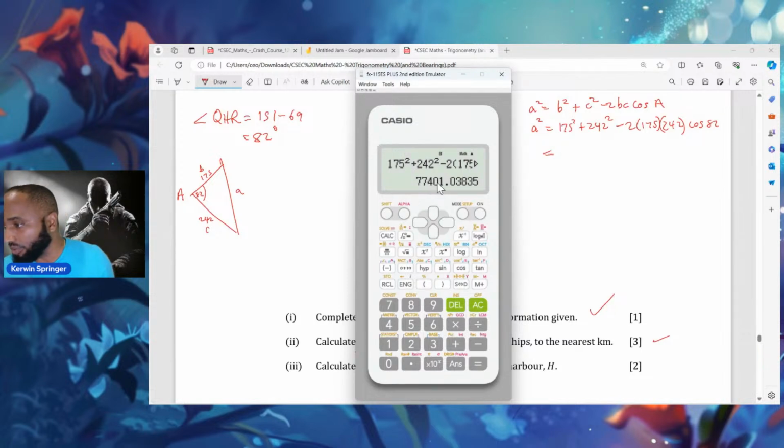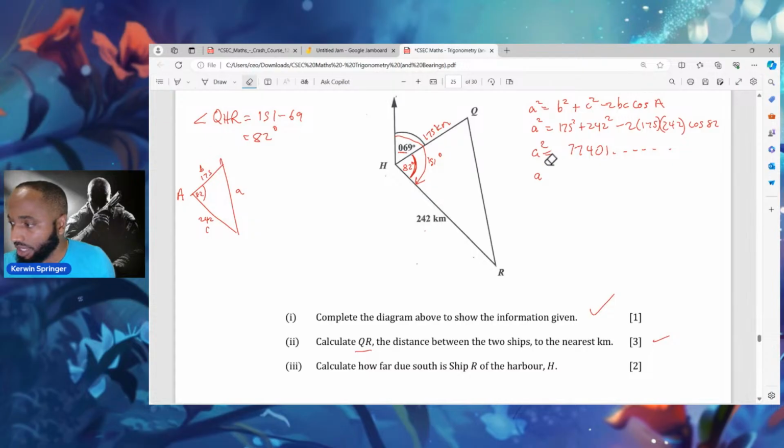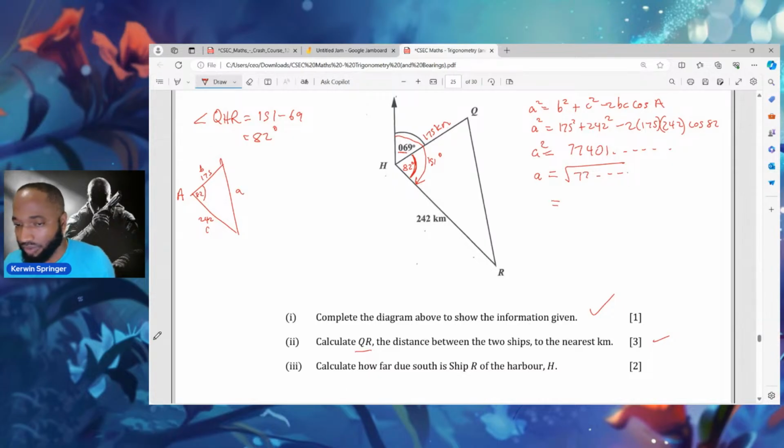So 77401 point blah blah blah, leaving all that for time's sake. That is A squared. So therefore A is the square root of that 77 blah blah blah thing that we get. I'm just leaving it out for time's sake. Nobody has time to write all of that, though you'd have to write it in the exam.